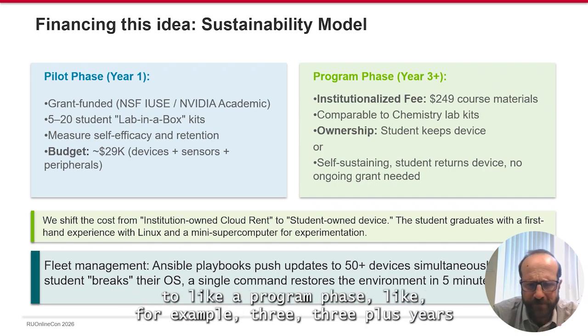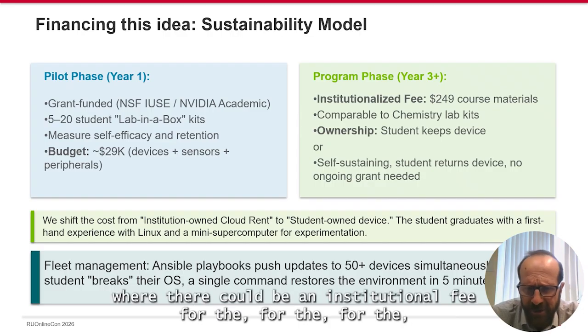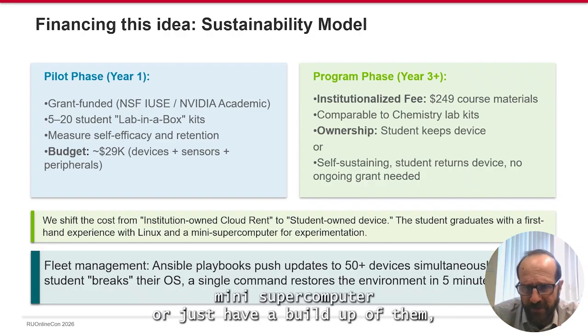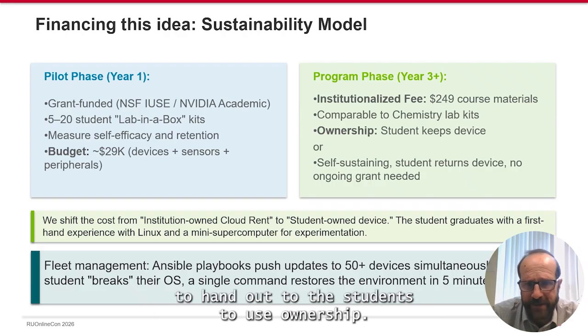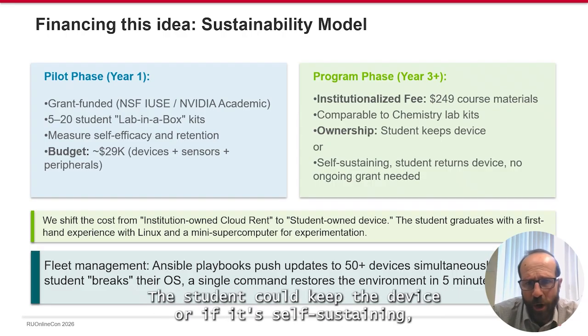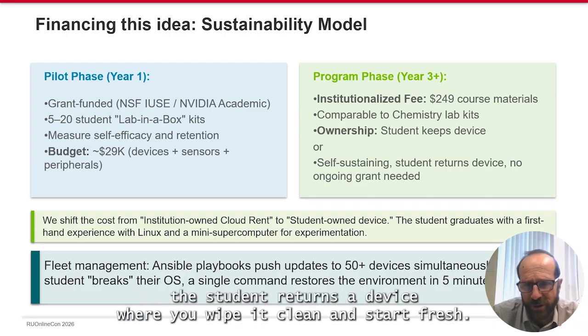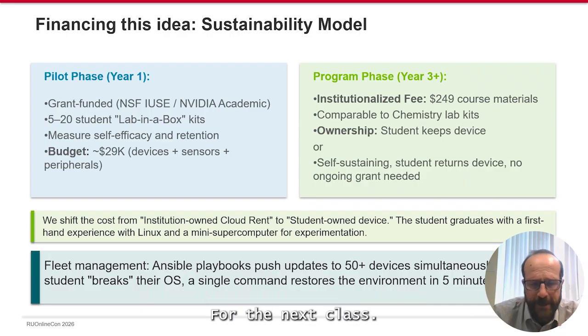And that would build up to a program phase, for example three plus years, where there could be an institutional fee for the mini supercomputer, or just a buildup of them to hand out to the students to use. Ownership: the student could keep the device, or if it's self-sustaining, the student returns the device. We wipe it clean and start fresh for the next class.